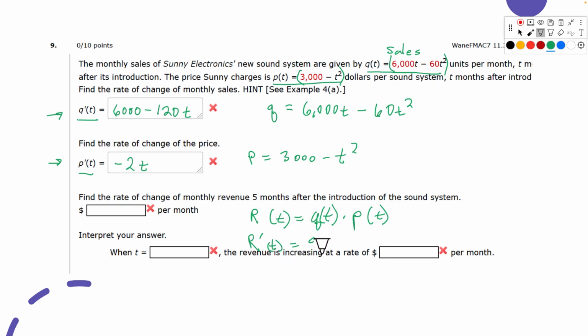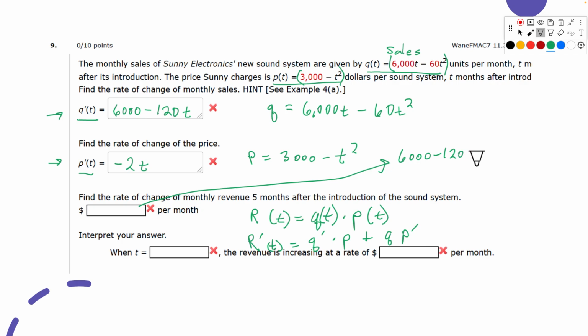And again, it doesn't really matter because we're adding: derivative of q times p plus q times the derivative of p. Okay, and so we can put the pieces together, and I think in this system you could probably get away without foiling things out. I'm not sure, but I'm pretty sure you could. So derivative of q is right here.